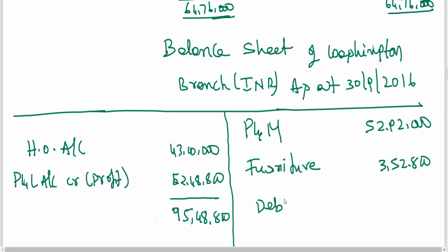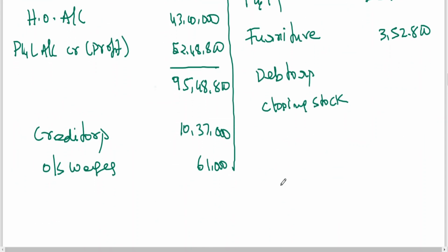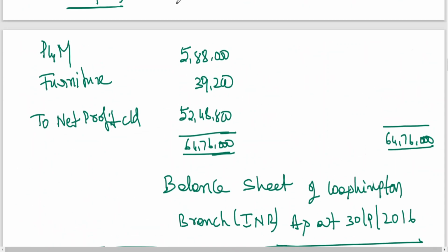Then the remaining items which we are having: debtors, closing stock, cash at bank, and cash in hand. These values we are having here.